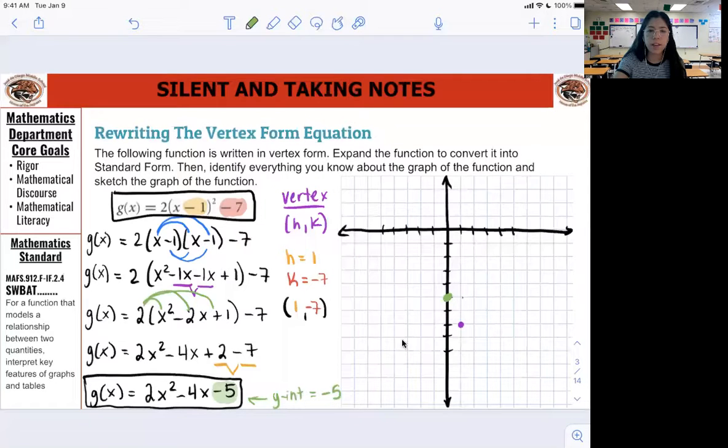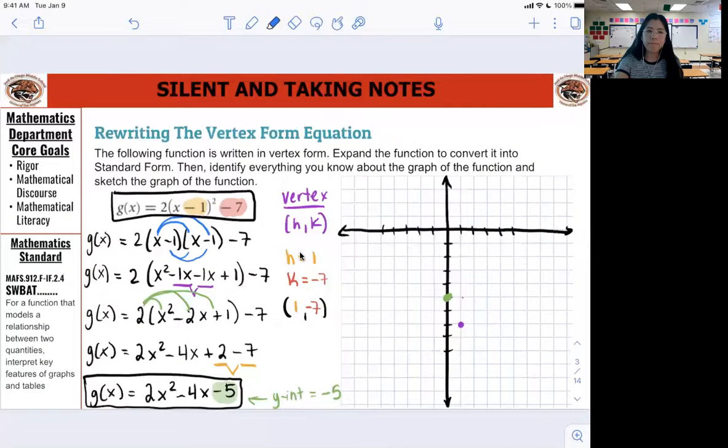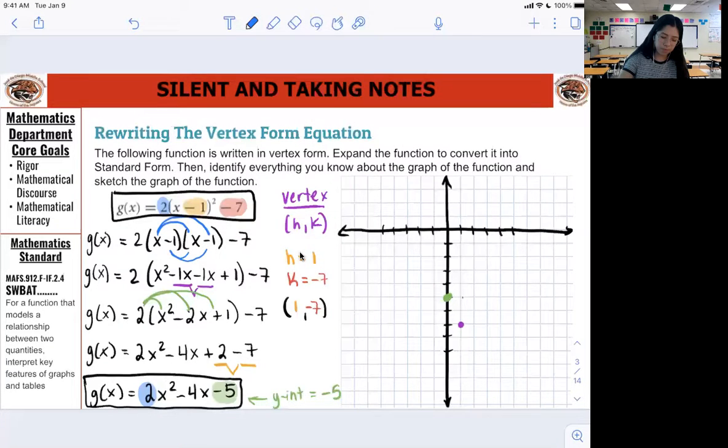And to connect all the dots, I just need to look at my value of a. What is a? 2. And notice, does a change from my vertex to my standard form? No, it's the same number, same a. A is 2.